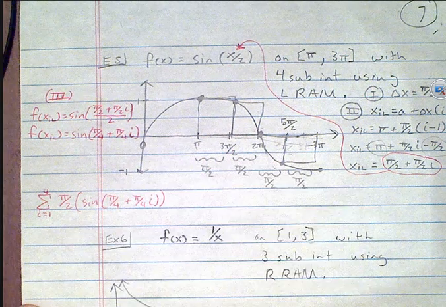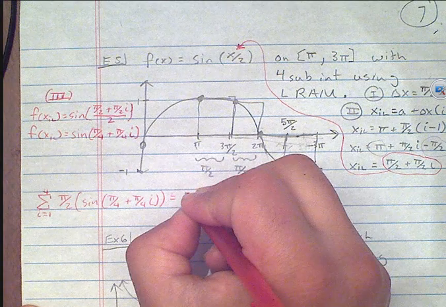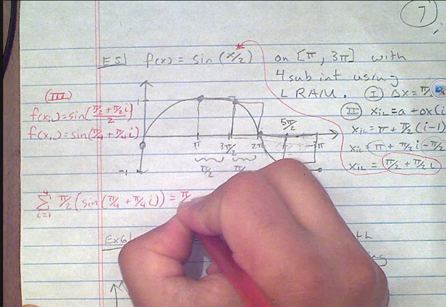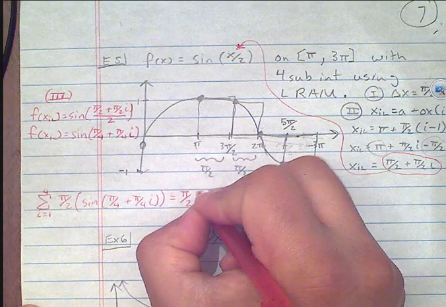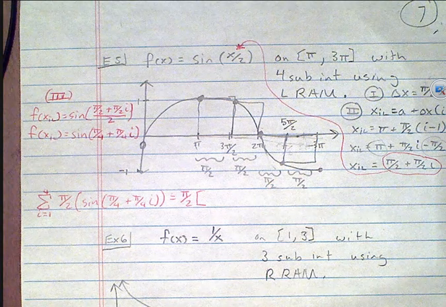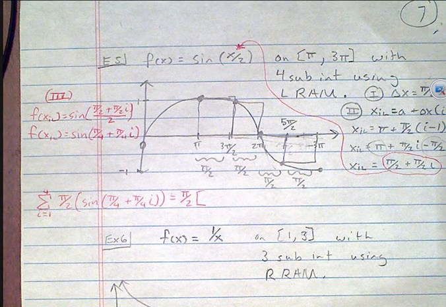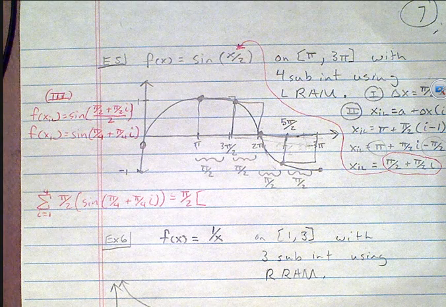Alright, so when I start plugging this in, I'm going to cheat. I'm going to cheat like crazy. Pi over 2, I'm factoring it out. So multiplying constant, I don't care. And I'm just going to plug in 1, 2, 3, and 4.